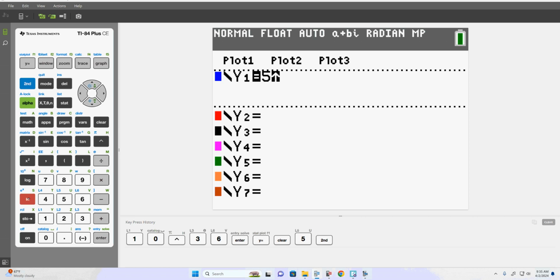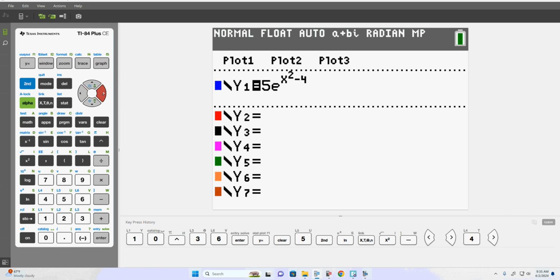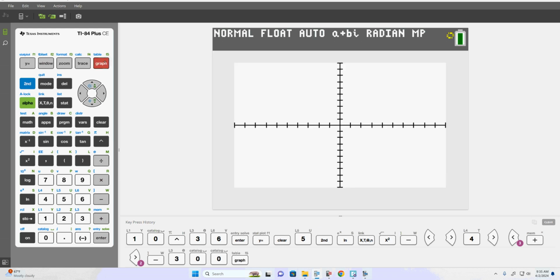Five x squared, I think it was plus 4, wasn't it? Minus 4. You're good? The answer was minus 4. Now I'm moving everything to the same side.